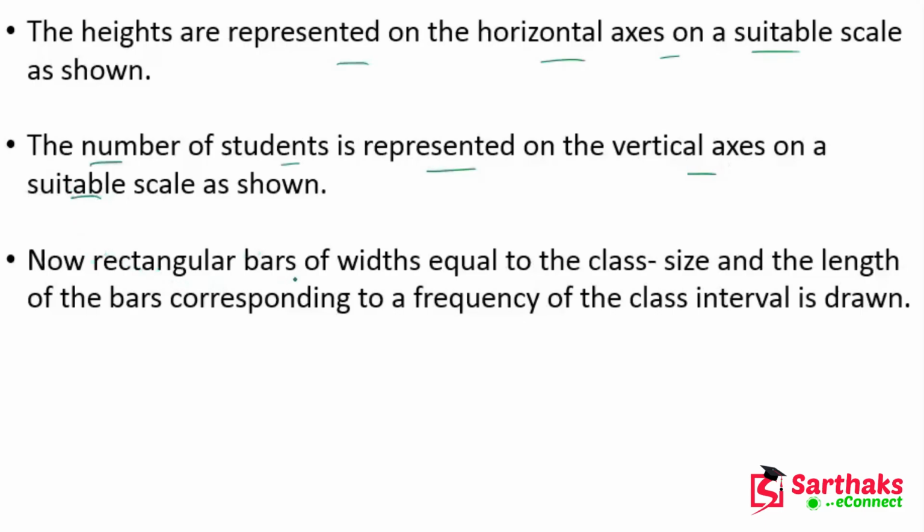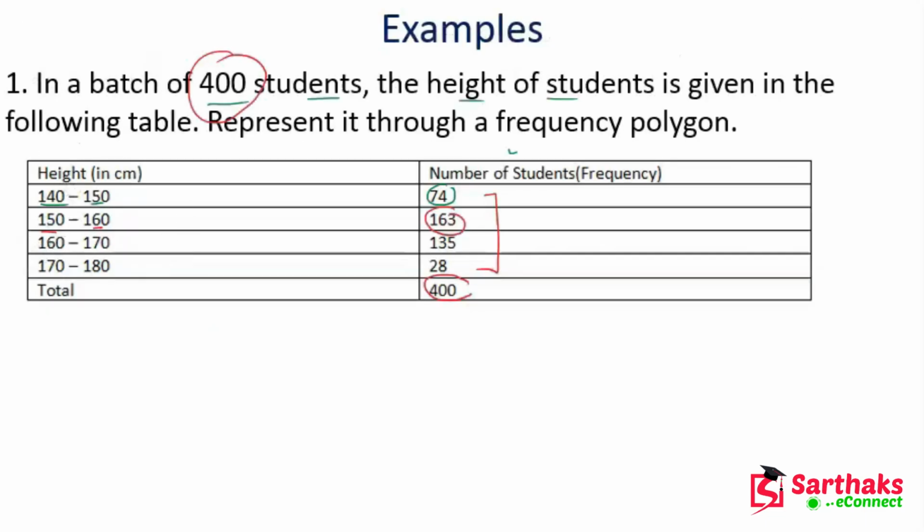Rectangular bars of width equal to the class size and lengths corresponding to the frequency of the class interval are drawn. First of all, we have to find the class marks. Let's suppose we are making a column, so this is the class marks.